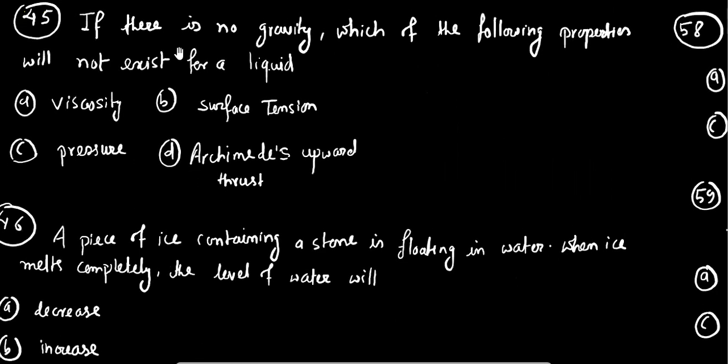Question 45. If there is no gravity, which of the following properties will not exist for a liquid? Viscosity, surface tension, pressure, Archimedes upward thrust. Viscosity is related to the friction acting between two layers of liquid when they are in relative motion.